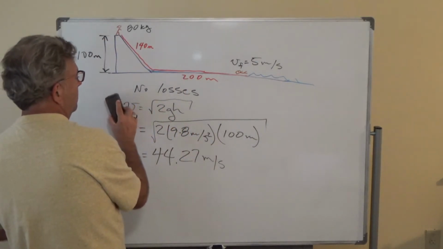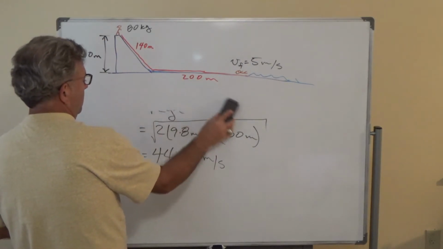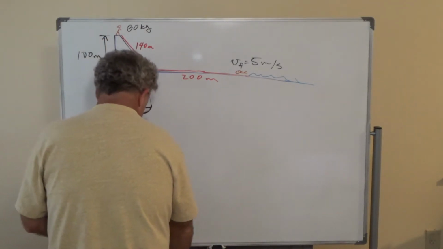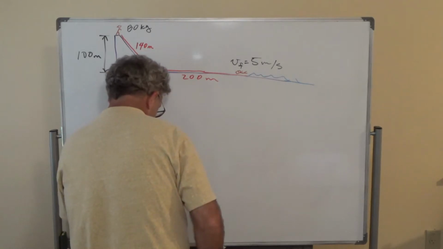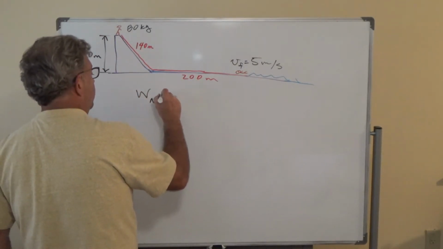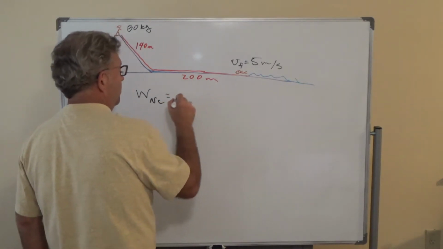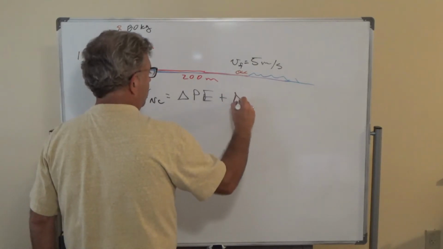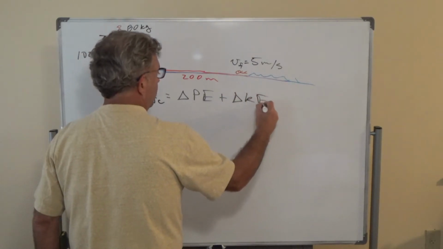Let's see. Let's calculate the work done by friction. So the work done by these non-conservative forces is equal to delta PE plus delta KE.